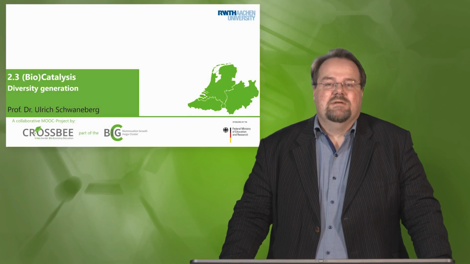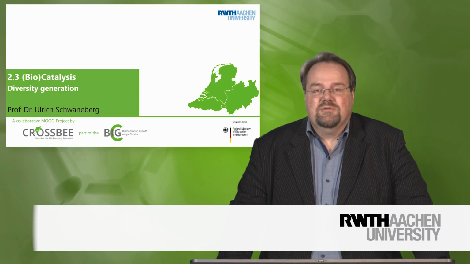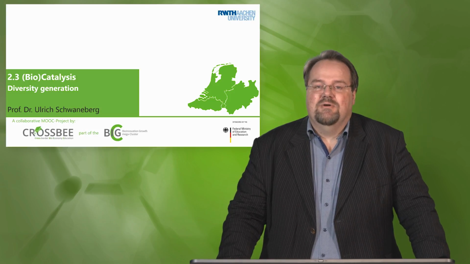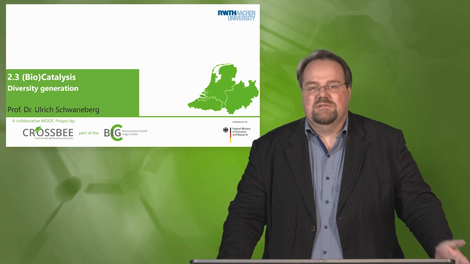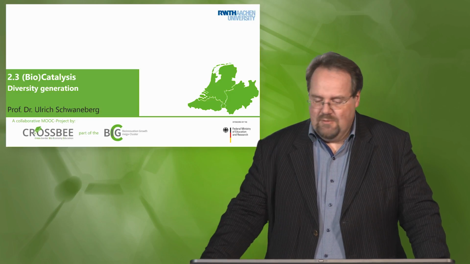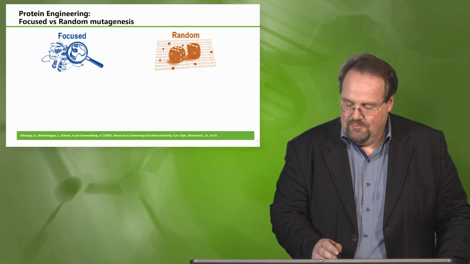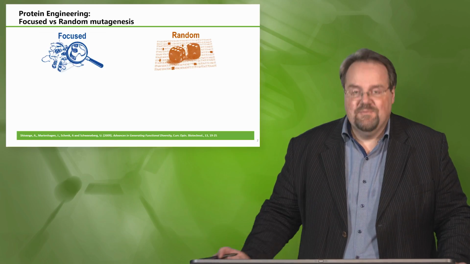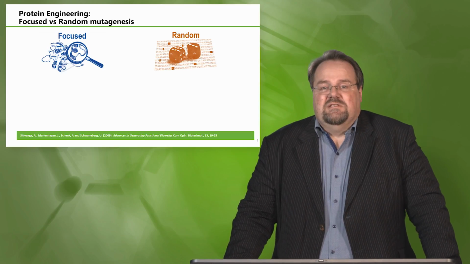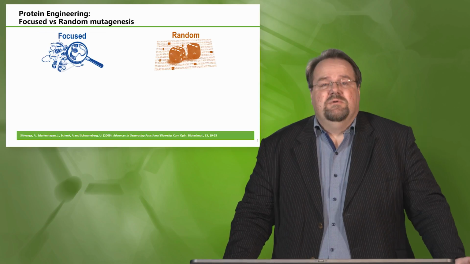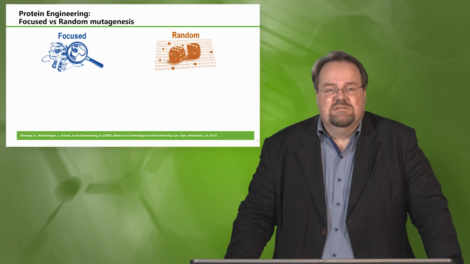So, welcome to the second video on protein engineering. As a short recap, you saw that protein engineering can be done by computationally assisted methods, basically using focused mutagenesis, or by random mutagenesis methods. As a rule of thumb, when can we use computationally assisted methods?